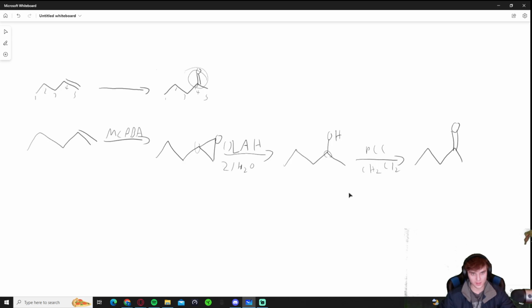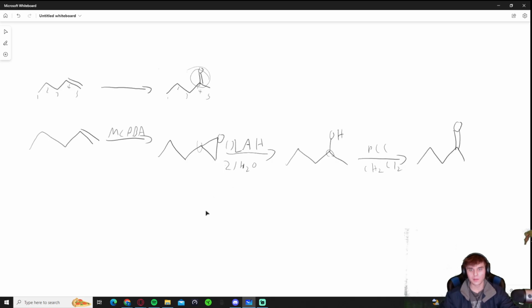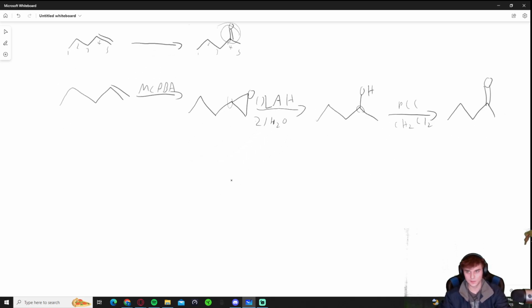Now there's two ways of going at this. We did it the one way with this epoxide. Yeah, it's an epoxide. So the other way you could go about this is the simpler way.